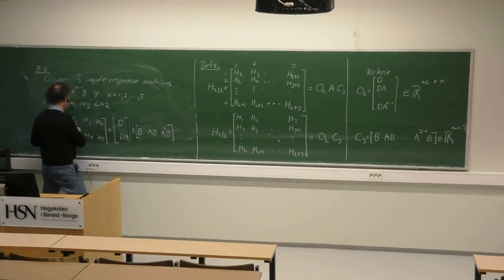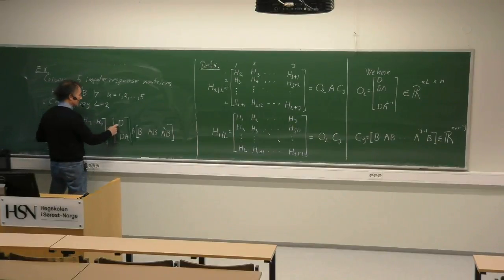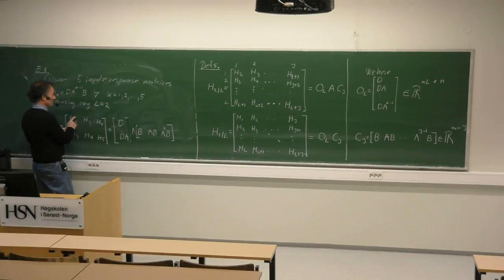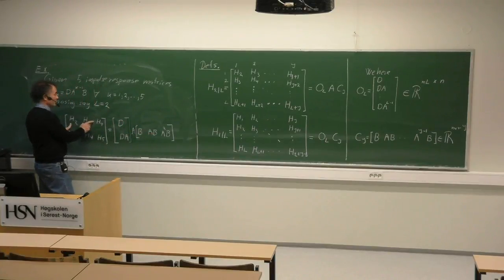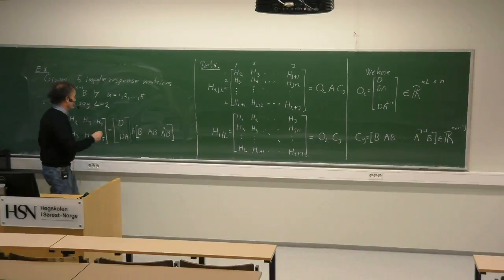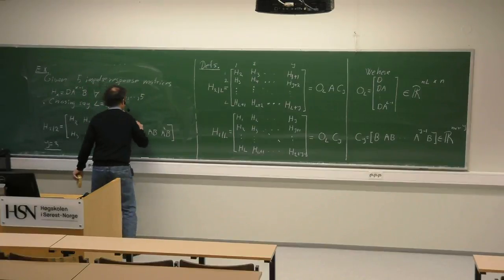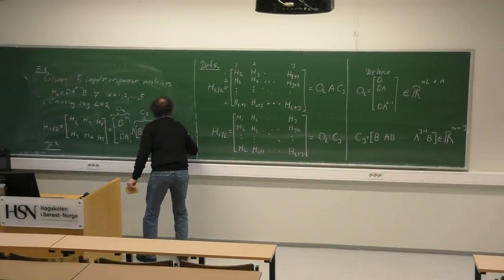So multiplying, we know that H2 is D A B, D and A multiplied in all positions here. So D times A B is this one. D times A times A B is H3, and so on. And this is then the observability matrix O2. This one is C3. Can be written as O2 A C3.